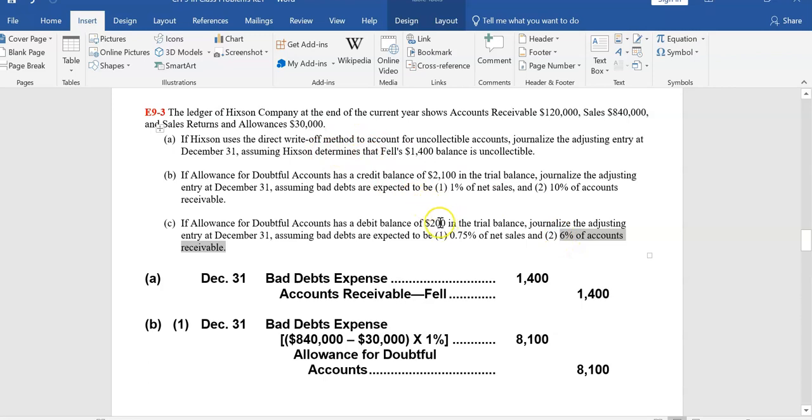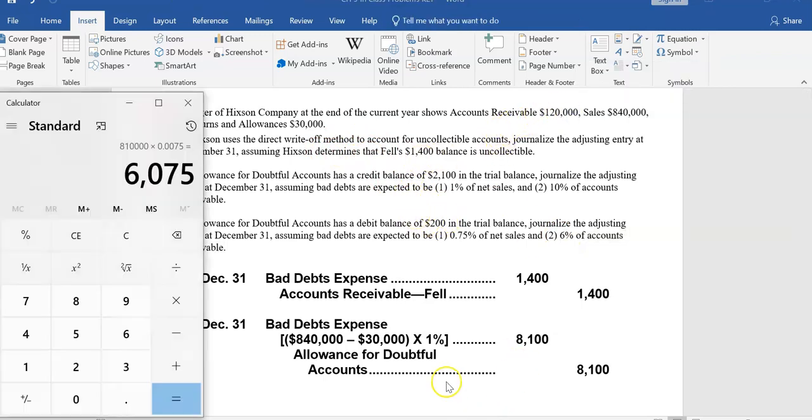Our accounts receivable balance is $120,000. So multiplying the balance times a percentage uncollectible, 6%, we calculate we need a balance of $7,200 in the allowance for doubtful accounts. That's step one.